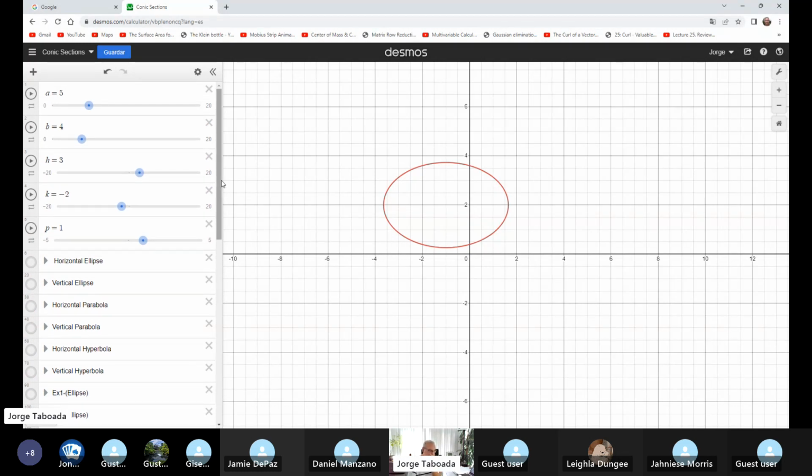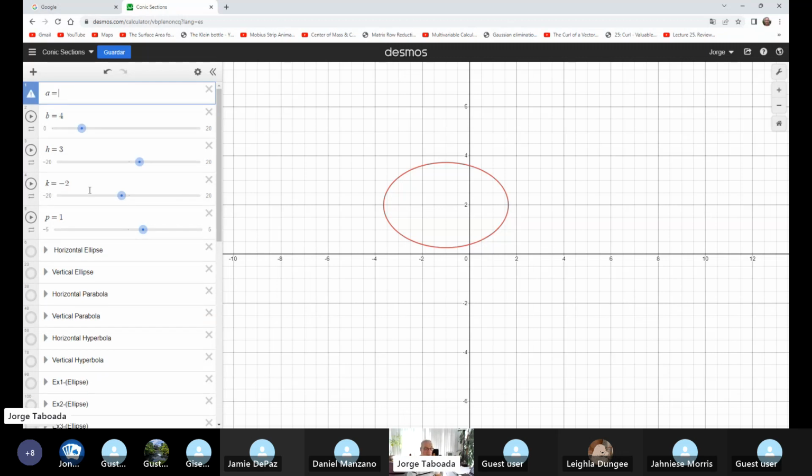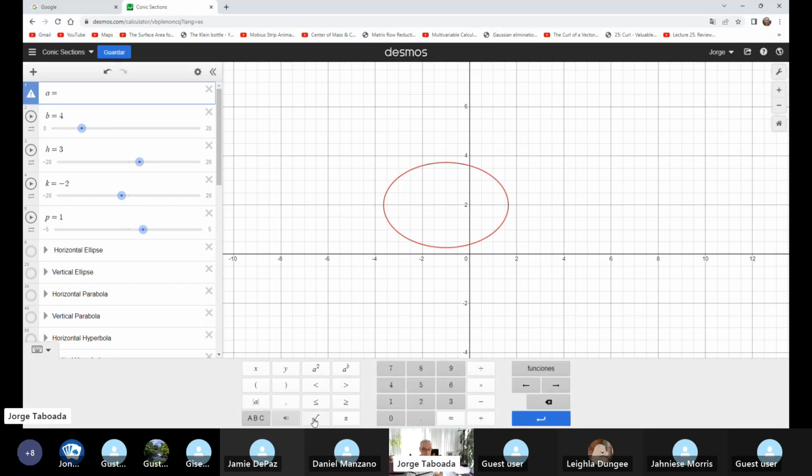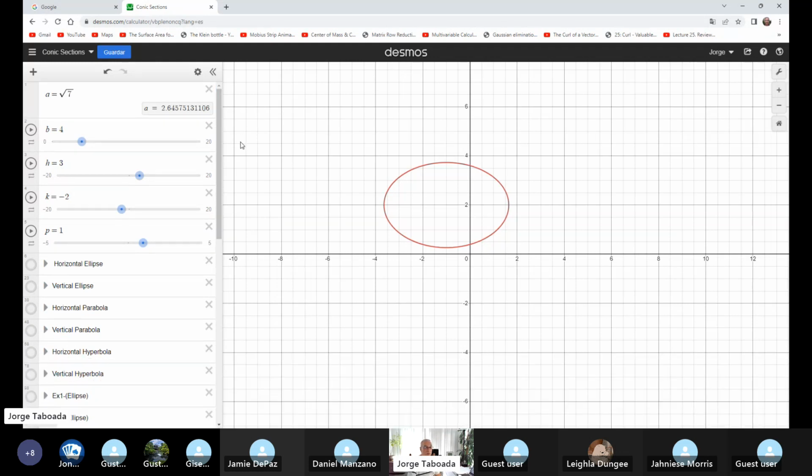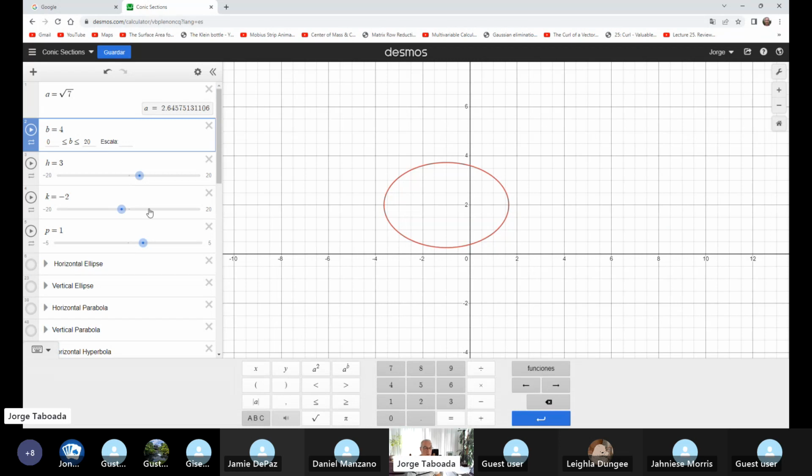I determined that, for example, a was radical 7. Wow, amazing, radical 7. I'm using the keyboard, sorry, and I have the accuracy information. Now b is radical 3.